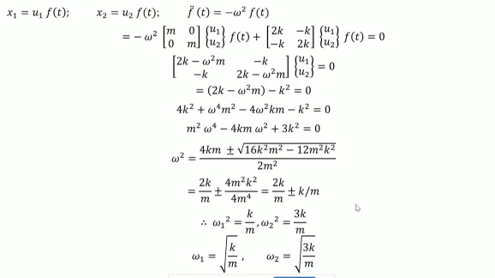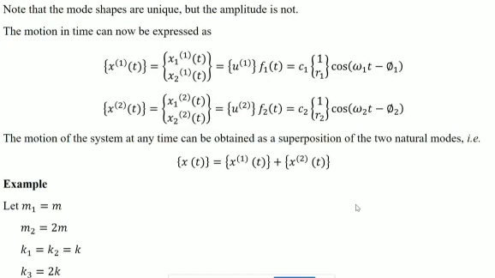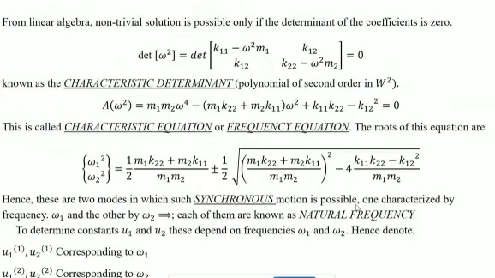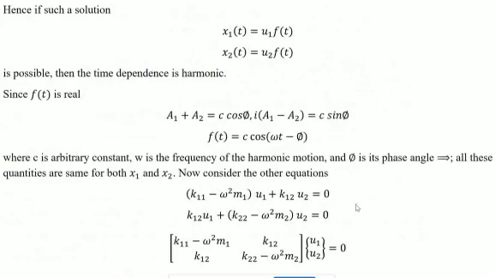That came from this equation previously, when we talked about this equation, f(t) takes a form f(t) equal to c cos(omega t minus phi), and therefore f double dot t becomes minus c omega square cos(omega t minus phi).